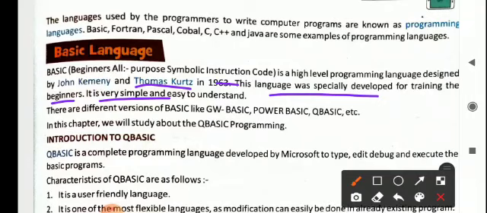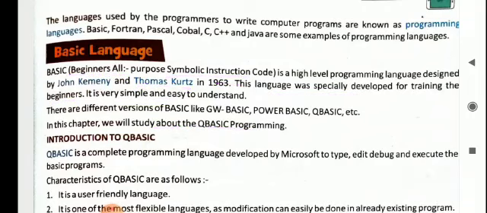That is why its full form is Beginners All Purpose Symbolic Instruction Code. B stands for beginners, A stands for all purpose, S stands for symbolic, and IC is instruction code. In this chapter you will be learning Q Basic programming.